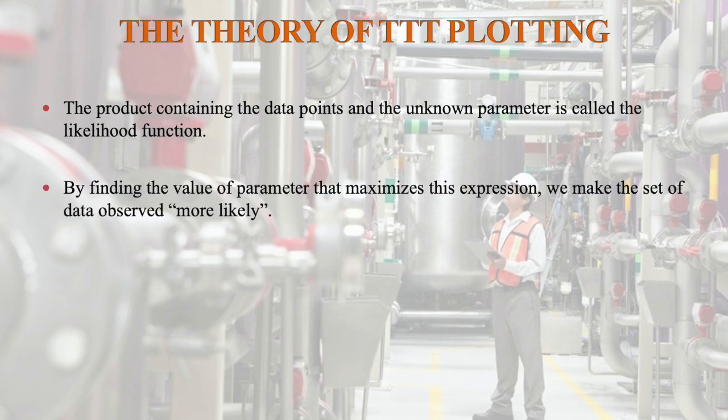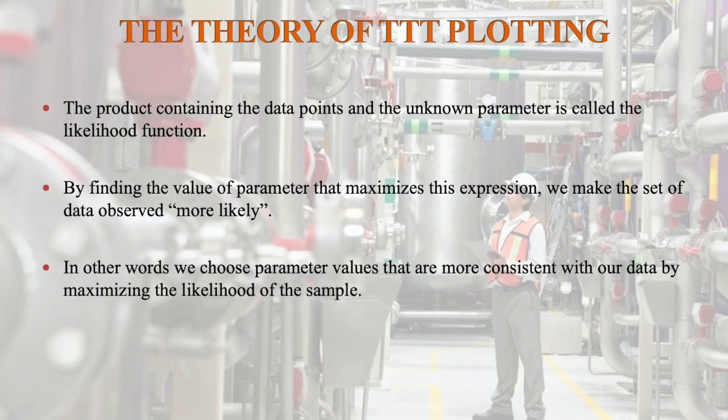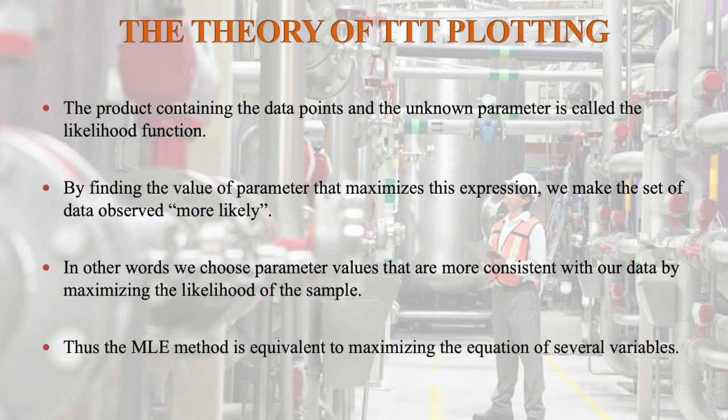By finding the values of the parameter that maximize this expression, we make the observed set of data more likely. In other words, we choose parameter values that are more consistent with our data by maximizing the likelihood of the sample. Thus, the MLE method is equivalent to maximizing an equation of several variables.